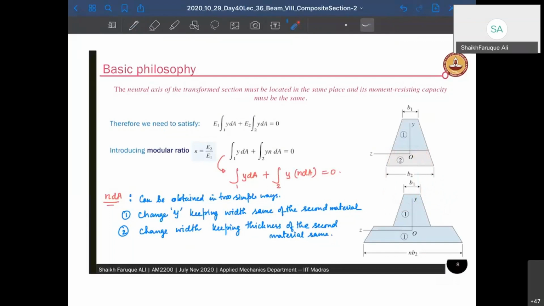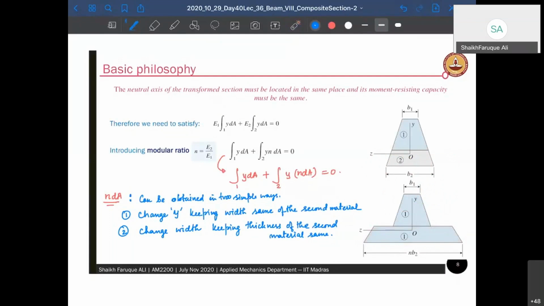So the total area should be N times this area, which I can find out. Otherwise, I can keep this y constant and change the width, which has been shown here, right? So these are the two ways.